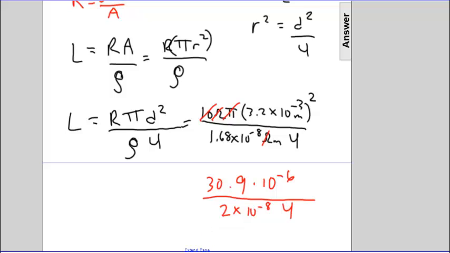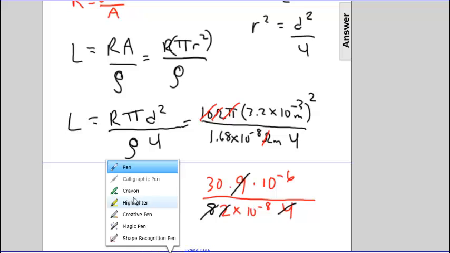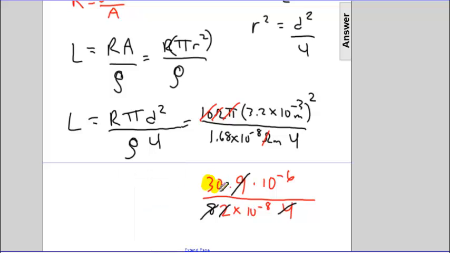What is 2 times 4? I'm going to call that 8. What is 9 divided by 8? Oh, let's just call that almost 1. So that will leave us with, let's just highlight what's left. We're left with the 30. We're left with the 10 to the negative 6 and the 10 to the negative 8.